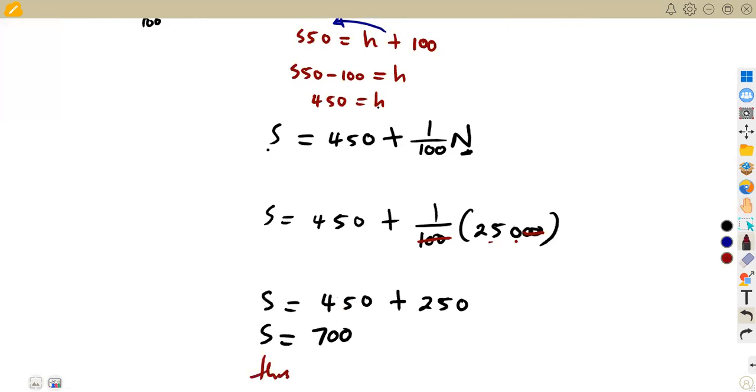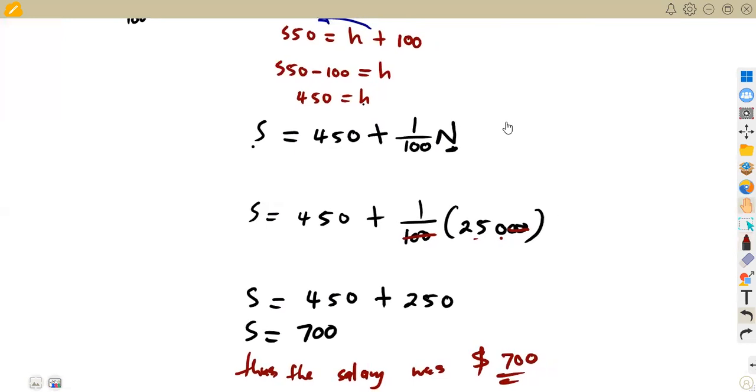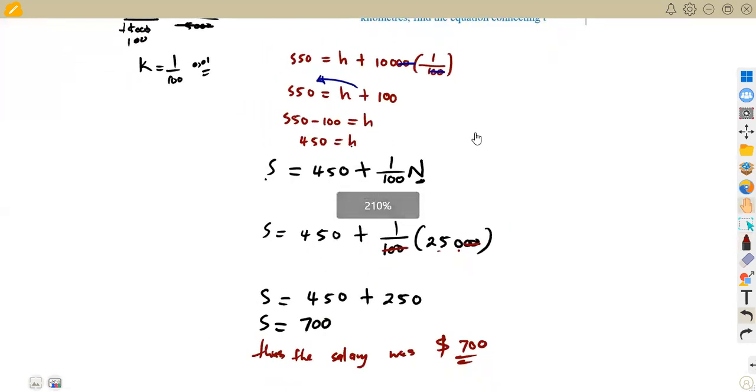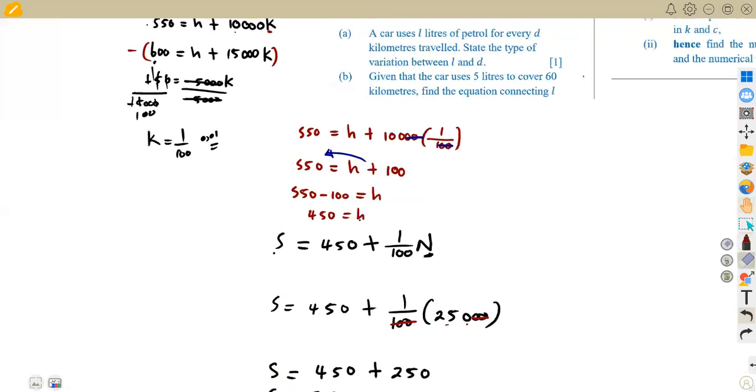So the salary was $700 for that particular month, or for that particular condition. So you see, this is how we play around with this information. Just try also to revise along the lines.